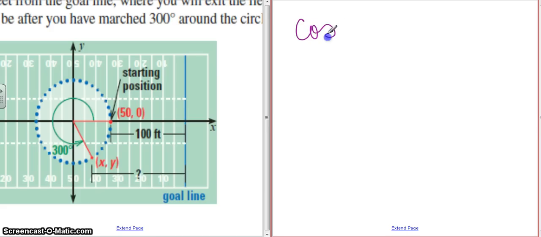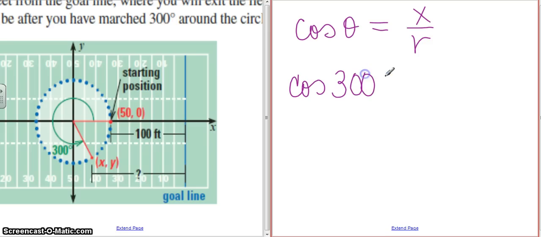Remember that cosine is equal to x over r, and I'm down here in the fourth quadrant. This is going to be the cosine of 300 degrees, which would be x over, now you know that r is 50, so r has to be 50.